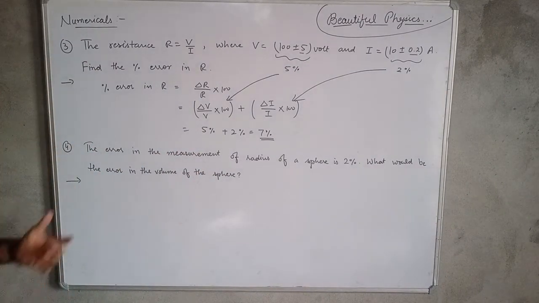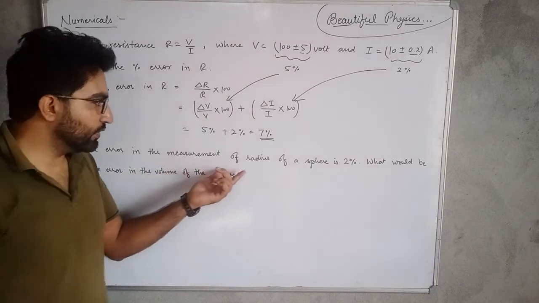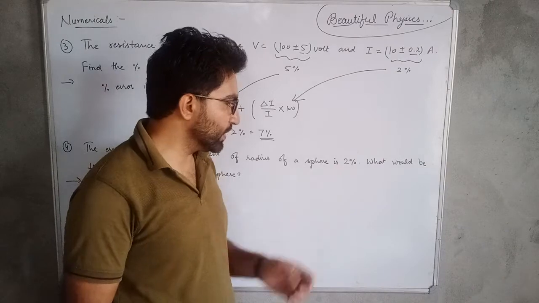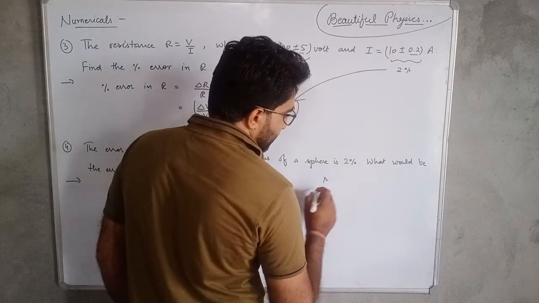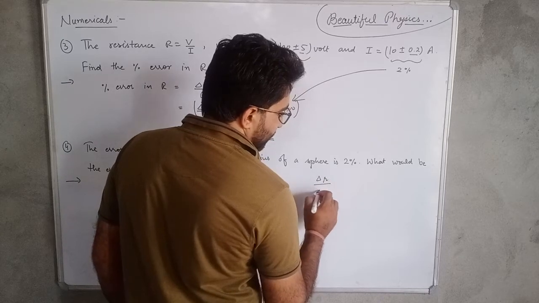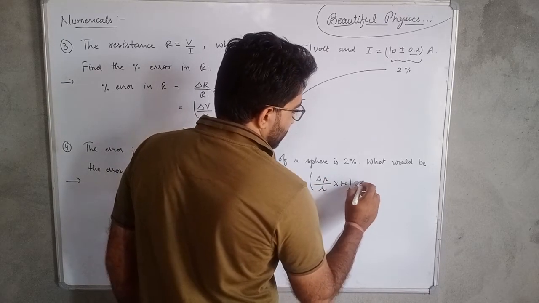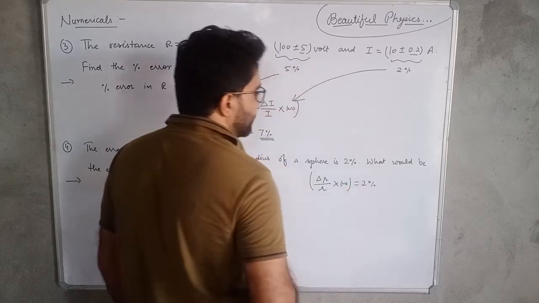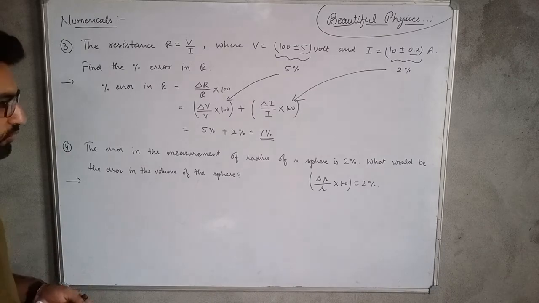Next one: the error in the measurement of the radius of a sphere is 2%. If the radius is represented by small r, then delta r upon r into 100 is equal to 2%. It is given. What would be the error in the measurement of the volume of the sphere?